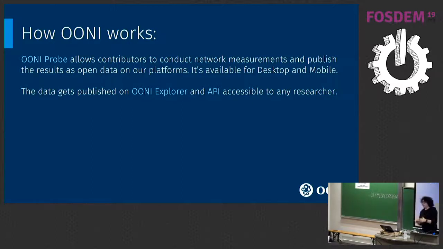Or if you have a lot of censorship going on in your country, which is not the case in Belgium, but for example in Iran or other countries, you can even have a Raspberry Pi which runs measurements constantly without you doing anything. This data gets published on our OONI Explorer, which is an open data portal where everyone can research the data and see what might be interesting to them. There's also an API for developers and researchers who want more power over this.